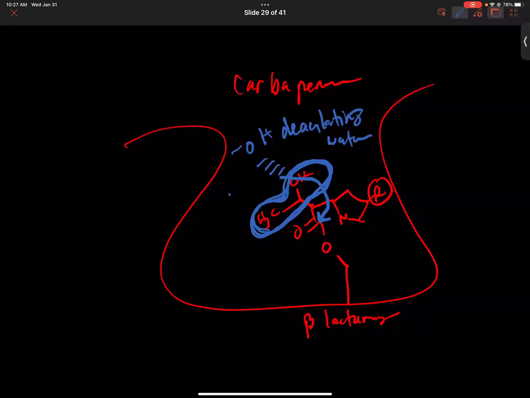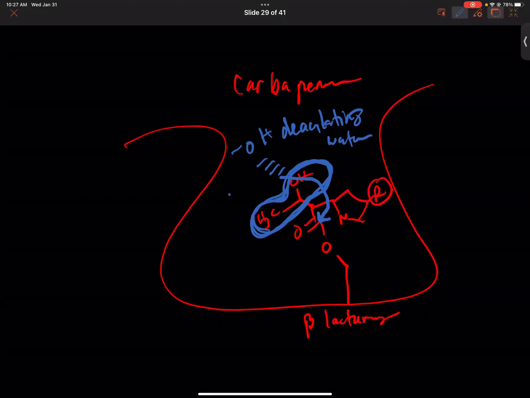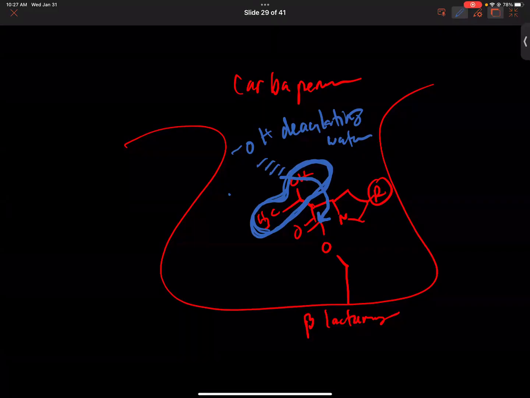The de-acylating water wants to be right here, so it can attack the ester bond. But that hydroxyethyl group punches it away, and now it can't attack that ester bond. So the hydrolyzed carbapenem is much more stable in an ESBL active site or in an AMP-C active site. So it persists for a prolonged period of time.